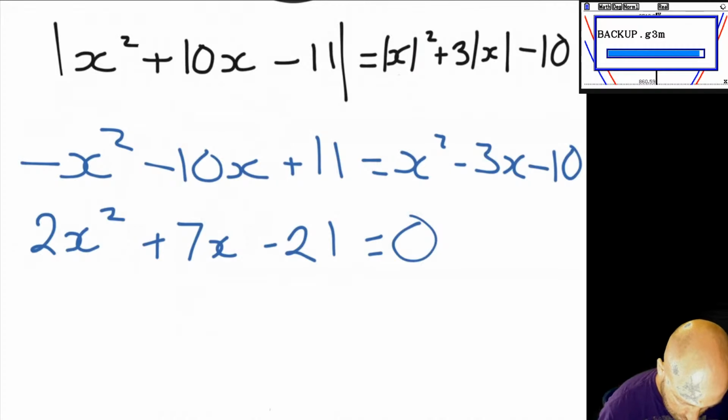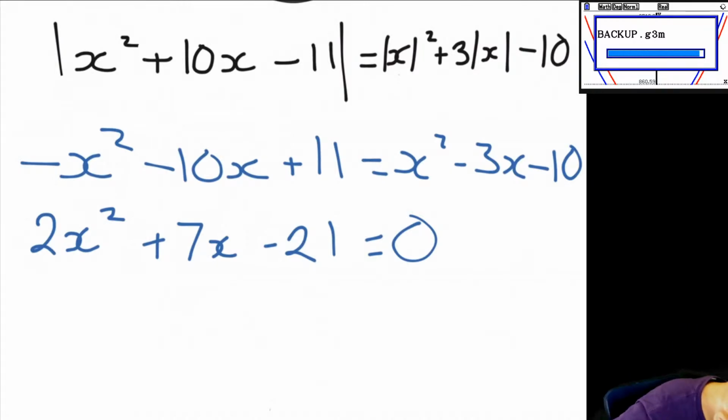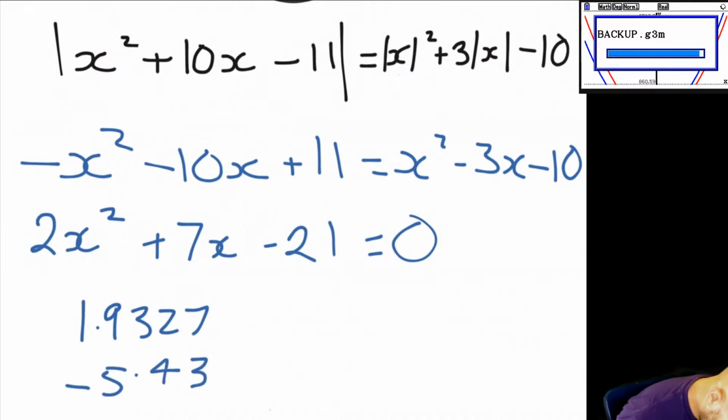Minus x squared minus 10x plus 11, x squared minus 3x minus 10. Yeah, looks right to me. 2x squared, 7x, that's 21. Yeah. So it gives me one solution at 1.9327 and one solution at minus 5.43.